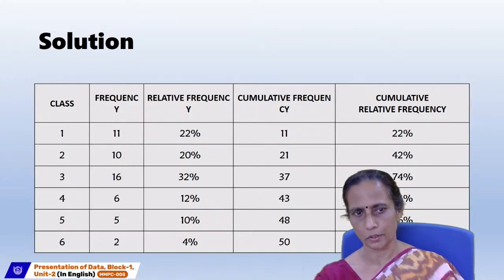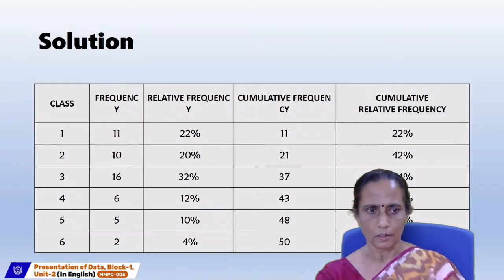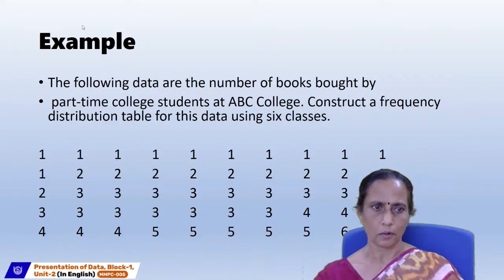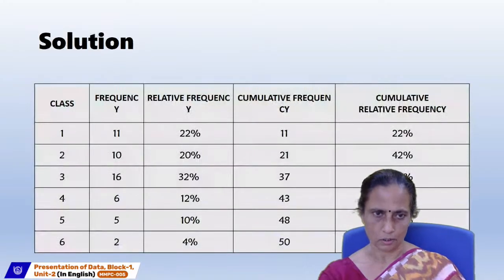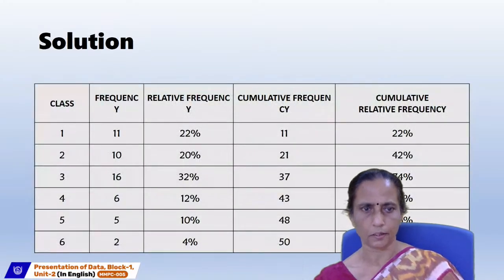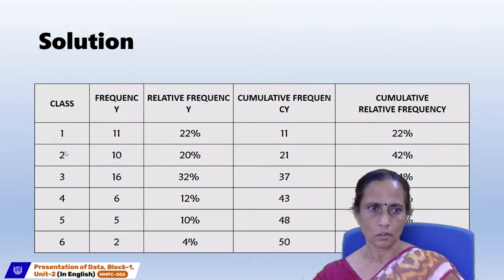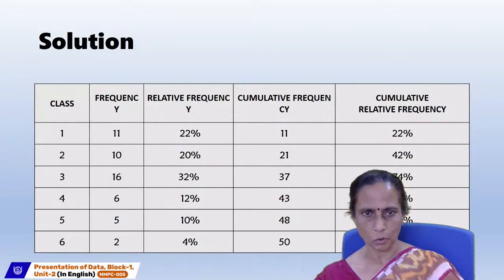The same procedure applies. The frequency: 1, 2, 3, 4, 5, 6, 7, 8, 9, 10, 11. So 11 students have bought 1 book, and similarly 10 students bought 2 books and 16 part-time students have bought 3 books and so on.